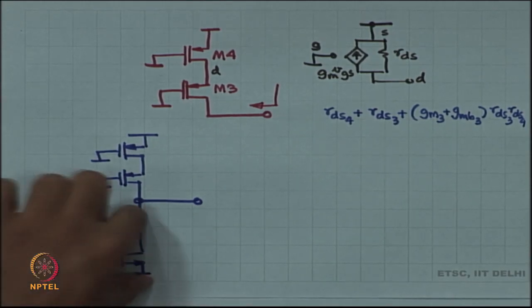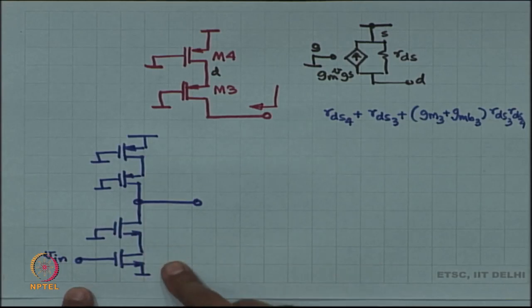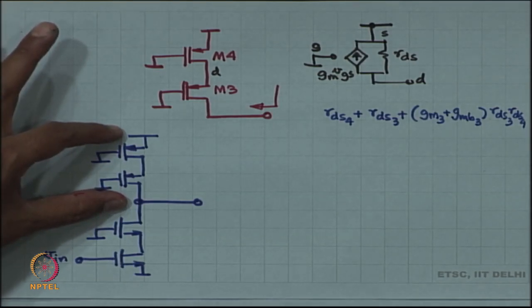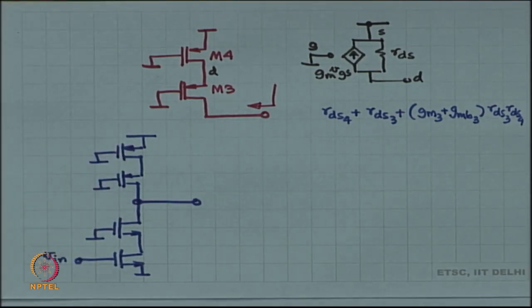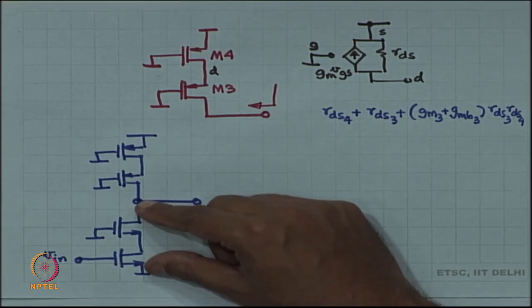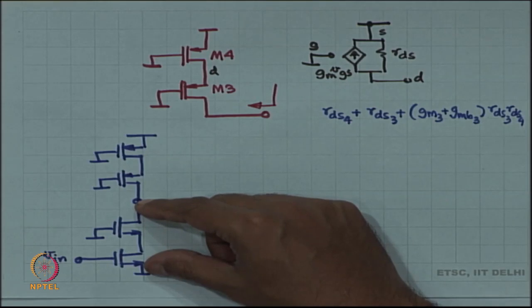So, this is my old thing, this is the Cascode amplifier and this is the load of the Cascode amplifier. I needed a very large resistor as the load of the Cascode amplifier, comparable to the output impedance of the Cascode amplifier.